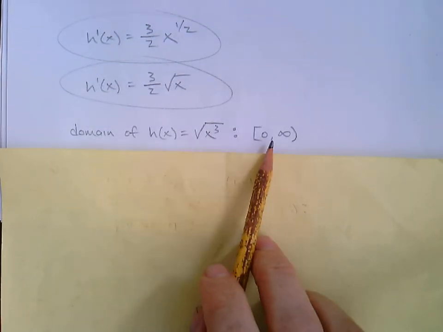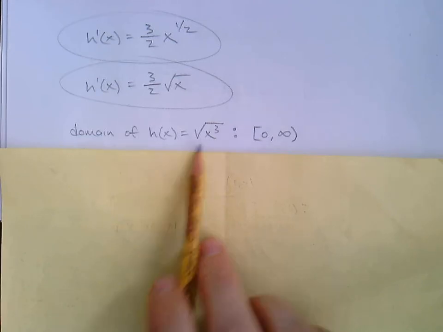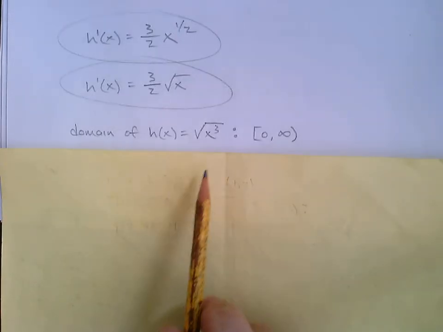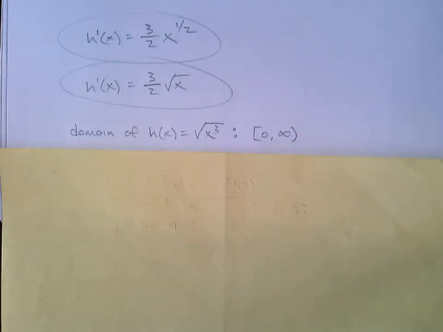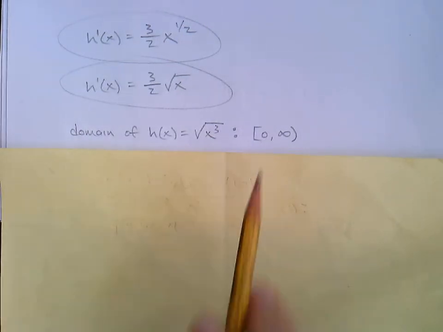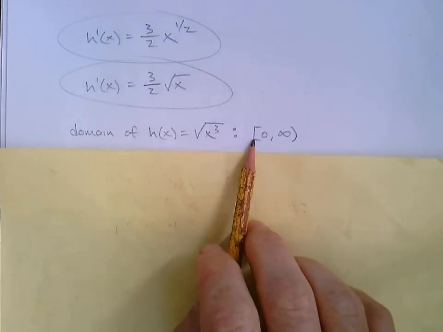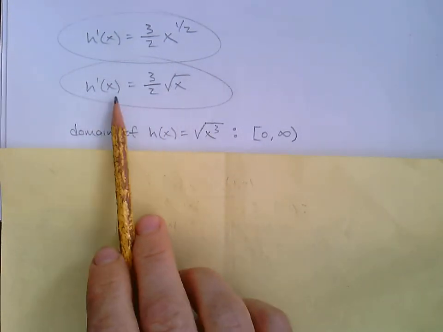Well, I have it written here already. The domain is from 0 to infinity. 0 is okay, but we cannot allow negative numbers, right? Because that would give us the square root of a negative, and we don't deal with imaginaries in calculus, if you didn't know that already. So the real number domain is from 0 to infinity. Take a look at that last version of h prime.